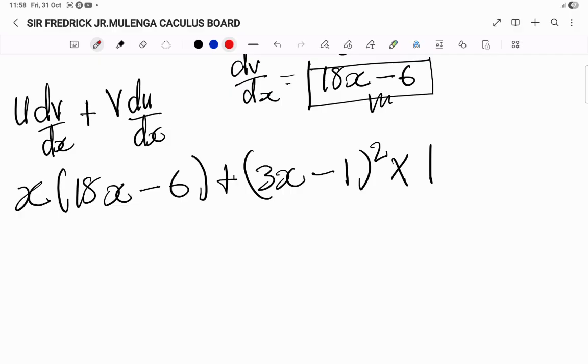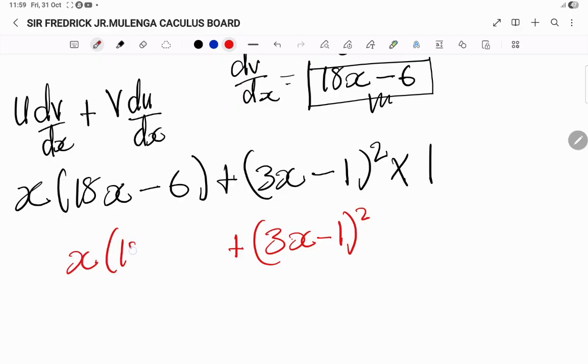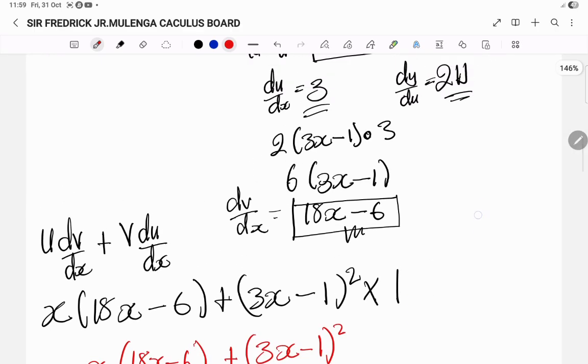If we simplify this one, it's 1 times this, the order of things. So we are going to have the equation looking like this: x (1)(3x minus 1) power 2, then plus x times (18x minus 6), then close. And this is our dy/dx of this function.